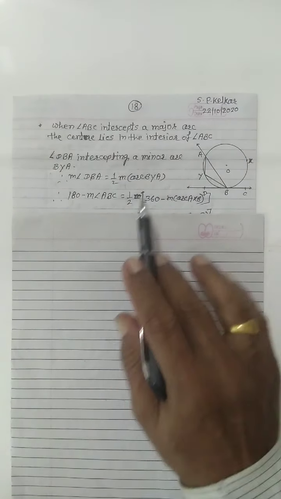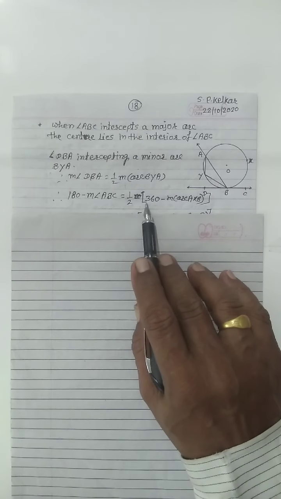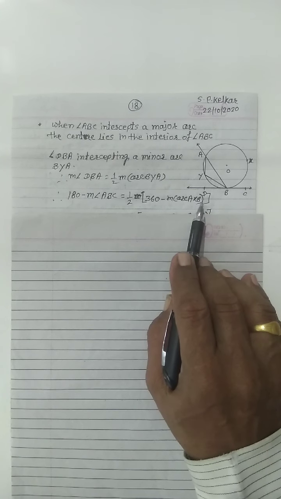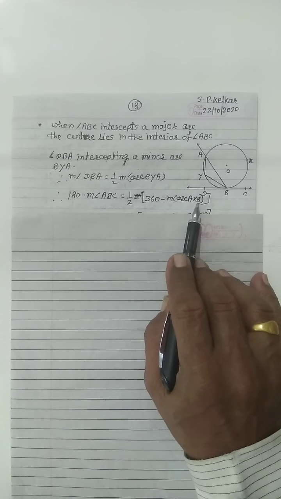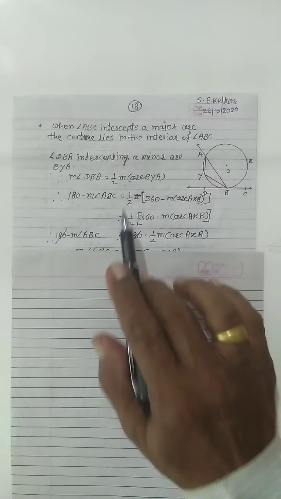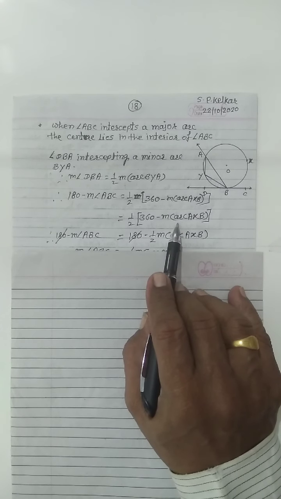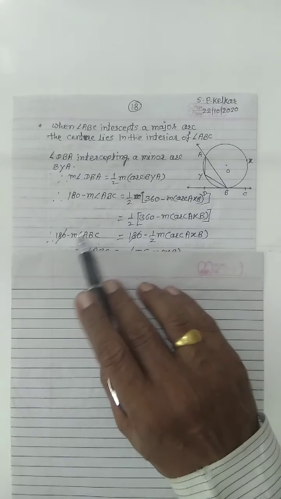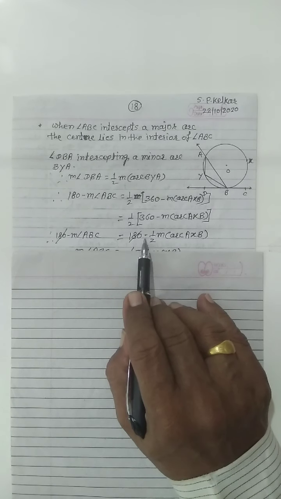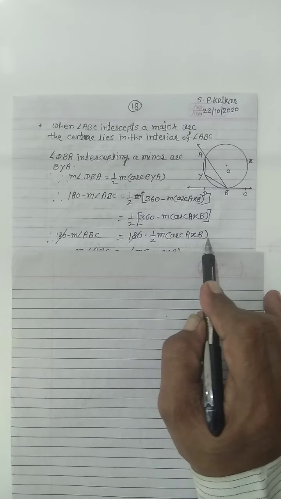So we write for this arc BYA equal to 360 minus measure of arc AXB, and the square bracket is complete. Then we multiply 1 by 2 into 360, and also for arc AXB 1 by 2 into measure of arc AXB, and we get 180 minus 1 by 2 into measure of arc AXB.